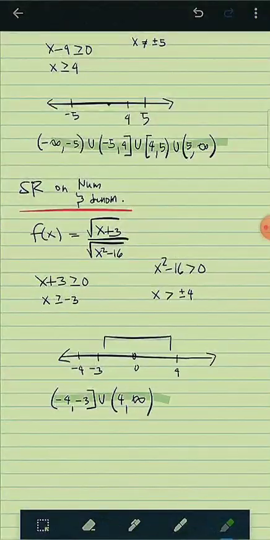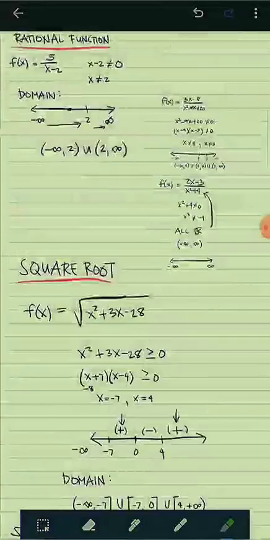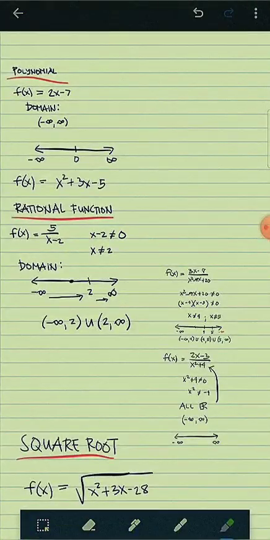So that's how you find the domain of these 5 cases. Again, all you have to remember is if you have a numerator that is under a square root or an even index, you should set that not equal to negative numbers, or in other words, you equate it to greater than or equal to 0.